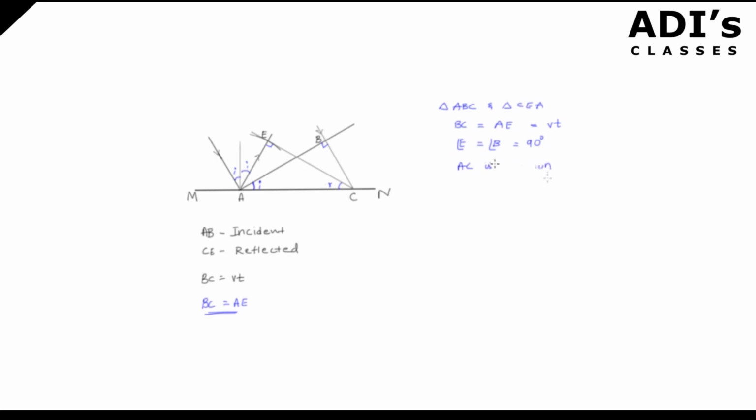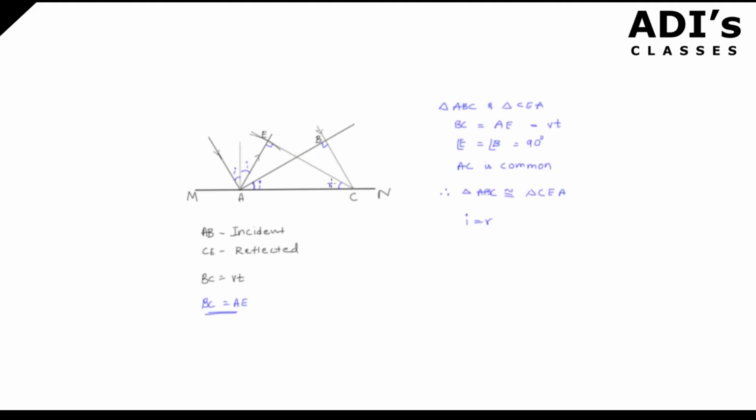We constructed it in such a way that BC is equal to AE is equal to V into t, the distance covered by the wavefront. Next, angle E is equal to angle B, both are 90 degrees. We also have AC common to both. So you can use the RHS postulate, and these two triangles are congruent.